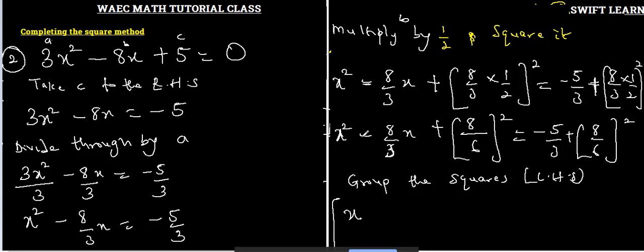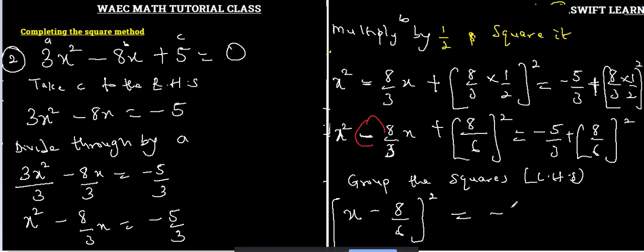If it is plus, you use plus. The sign of the b determines the sign that will be here. You have to remember that and take note of that. This will be minus. Now, as I've said, pick this 8 over 6, factorize, pick what is common, then the square goes up. That's the method.